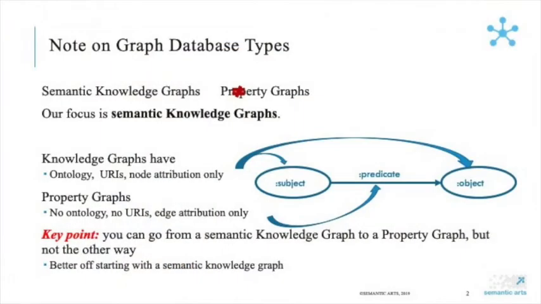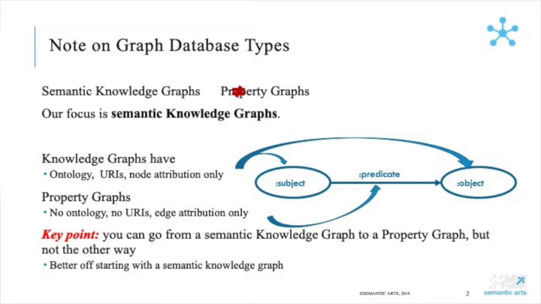And snapping together is what we're going to talk about in the world of semantics. Now, just to get started, who has worked with or heard of semantic graphs? All right, there's a couple different kinds of graphs out there. Semantic knowledge graphs are not the same as property graphs. Our focus is going to be on semantic knowledge graphs. And just to identify what the difference is, this is our triple. This is what we're going to be working with.